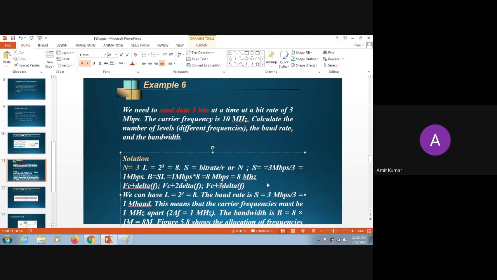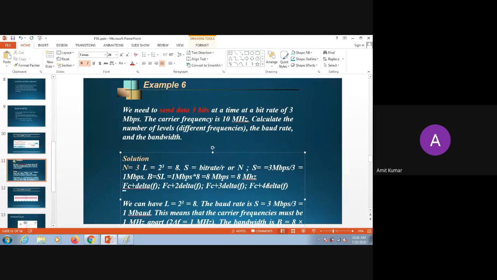These 4 frequencies will be on the higher side, and the other 4 frequencies will be lower than your center frequency.